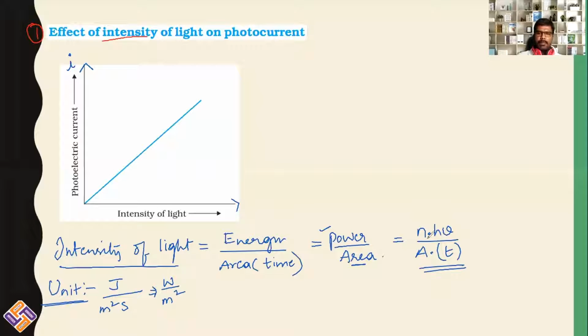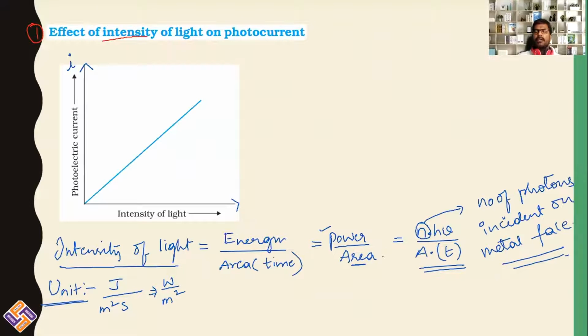N represents the number of photons incident on the metal face. You can understand that more photons are incident on the metal face. If this is the metal face, one photon incident over here will eject one electron.